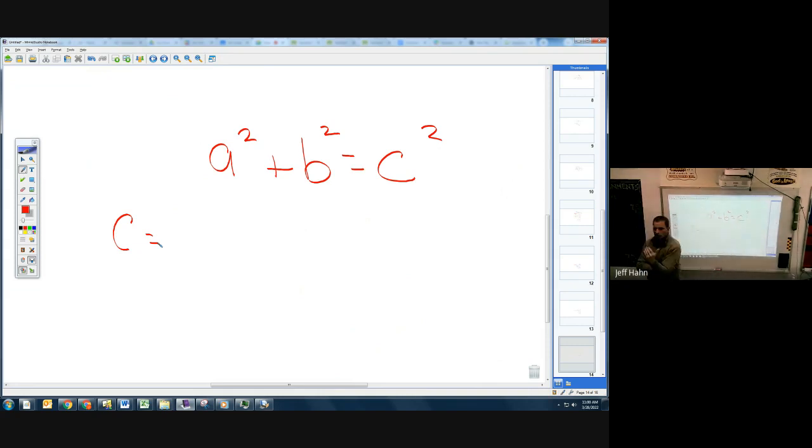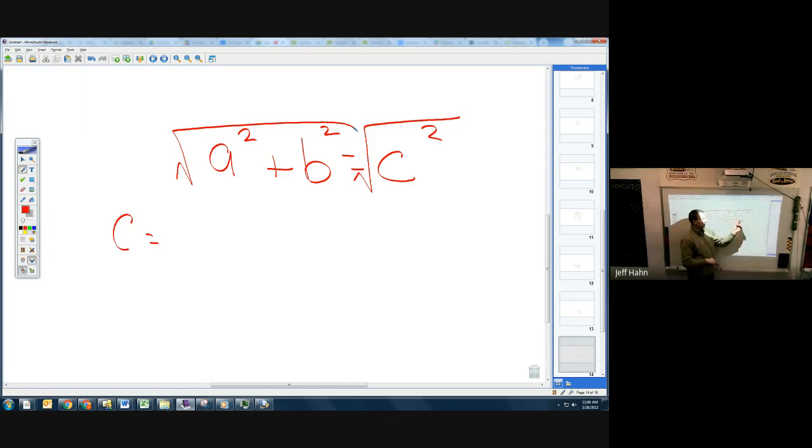So here's where you have to use a little common thought process. Remember, it's about opposites. What is the opposite of squaring something? Square root of it. Okay, so this is what you have to do to it. You take the square root of this and you take the square root of that.